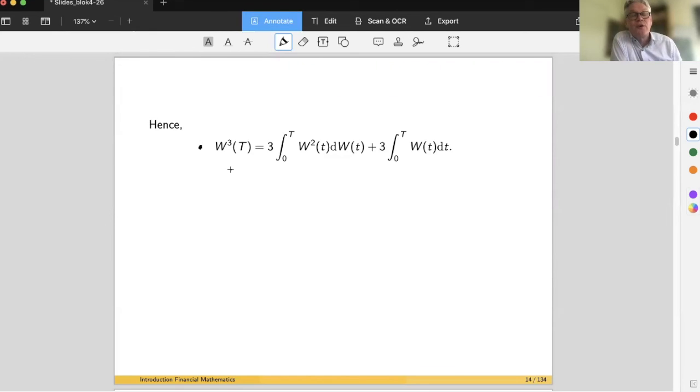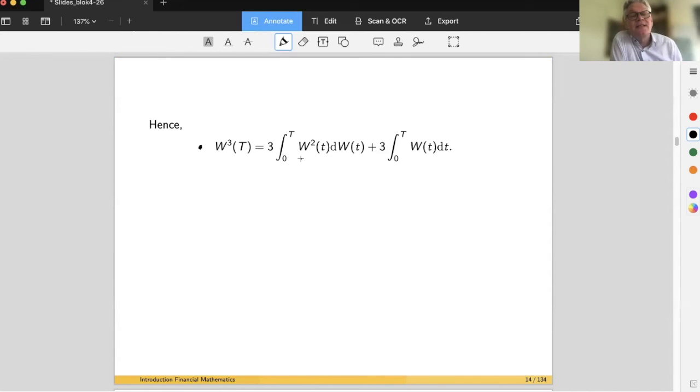So the first term cancels out, as we mentioned. So W cubed at final time capital T is equal to 3 times the integral from 0 to capital T of W squared dWt, plus 3 times the integral from 0 to capital T of Wt dt. This is the expression that we have, and now we should take expectations.